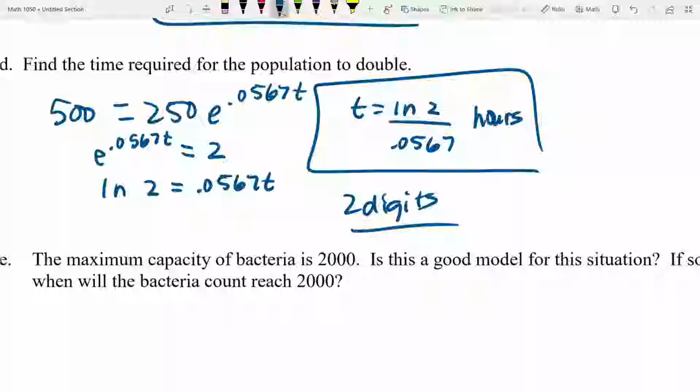Oh, yeah. I didn't do that on purpose, and my answer would have been wrong because I used a rounded version. Good. I just love being your teacher. You don't let me get away with anything. So ln 2, close it off, divided by the stored k, enter, and 2 digits would be 12.23, and that would be hours.